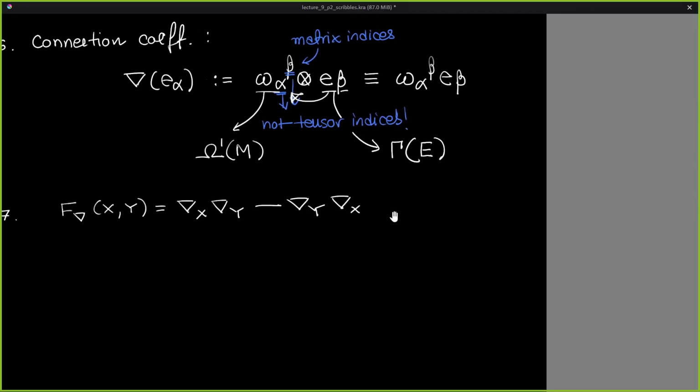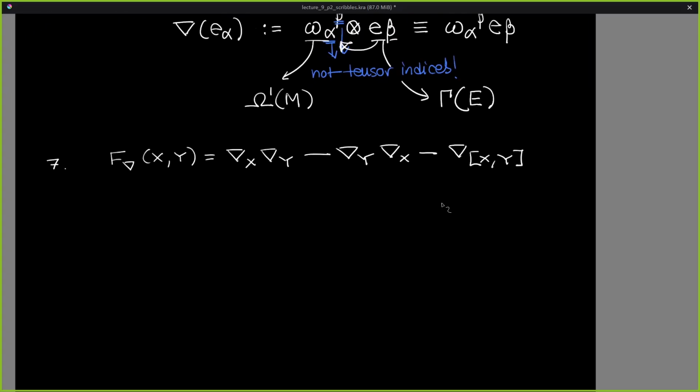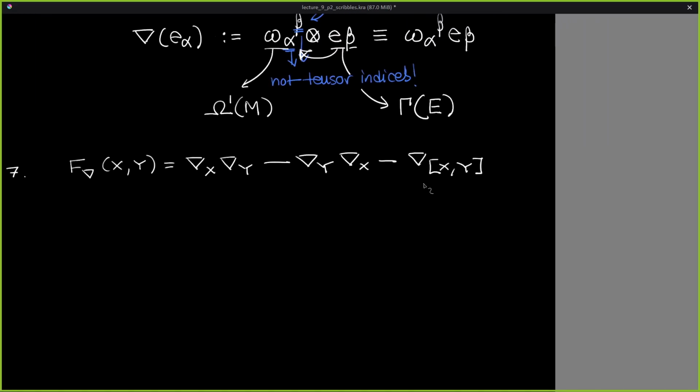Yes, that is the order. So nabla x nabla y minus nabla y nabla x minus nabla of the commutator, or the Lie bracket, I keep calling it the commutator, the Lie bracket of x and y. This term accounts for the fact that x and y themselves might not commute with each other. So we subtract that off.